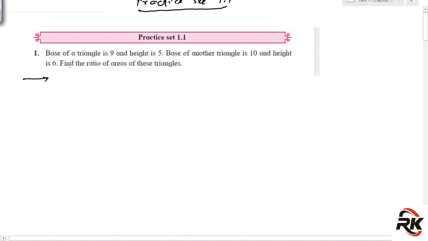आपण आन्सरमध्ये एक मानूया. A1 and A2 are the areas of two triangles. B1 and B2 are their bases. H1 and H2 are their heights.